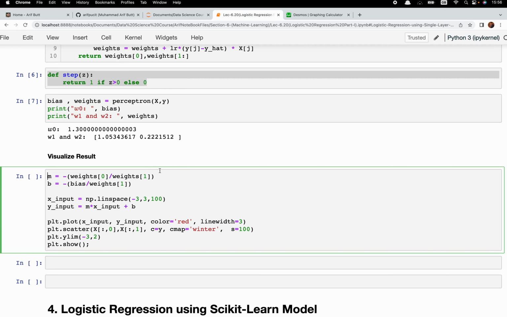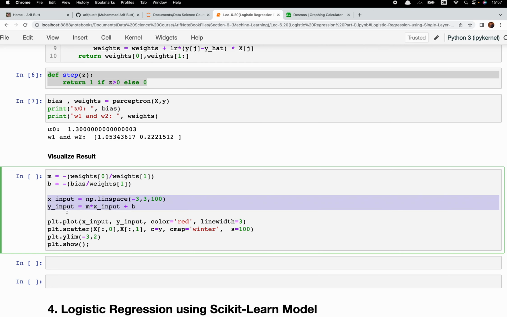Well, the slope will be equal to minus W1 over W2, and y-intercept will be equal to minus W0 over W1. So we have got the slope and the y-intercept from these weights.